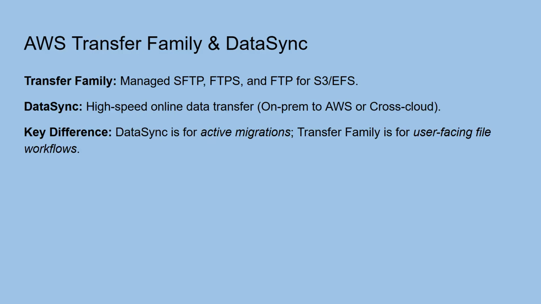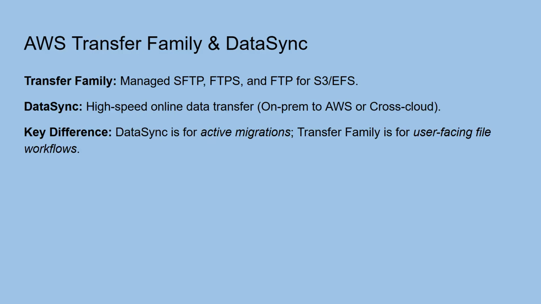The Transfer Family is useful when users, vendors, or outside systems still need to send files using traditional file transfer protocols. Think of a vendor that uploads a nightly file by SFTP. Instead of running your own SFTP server, you can use the Transfer Family and have the files land in S3 or EFS, your choice.